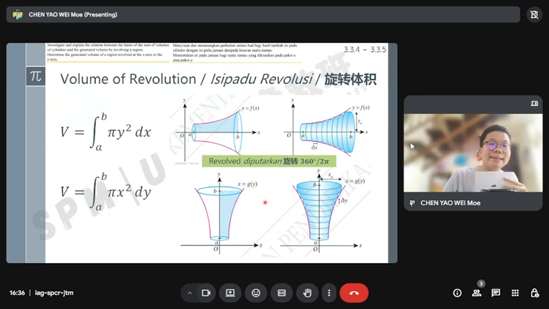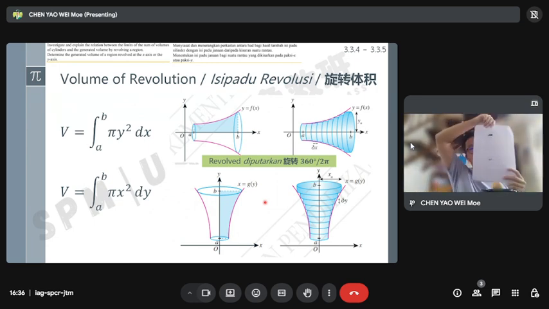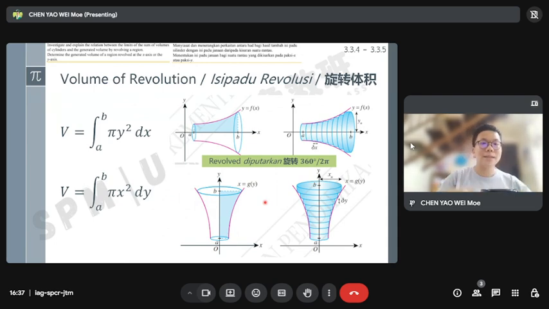Or I can set this as 2 pi. So see the things: this is 90, 180, 270, and the original goes back here. 360 means I rotate one full circle. The question gives you a curve here, and I want to find the volume of this part when I rotate it 360 degrees.